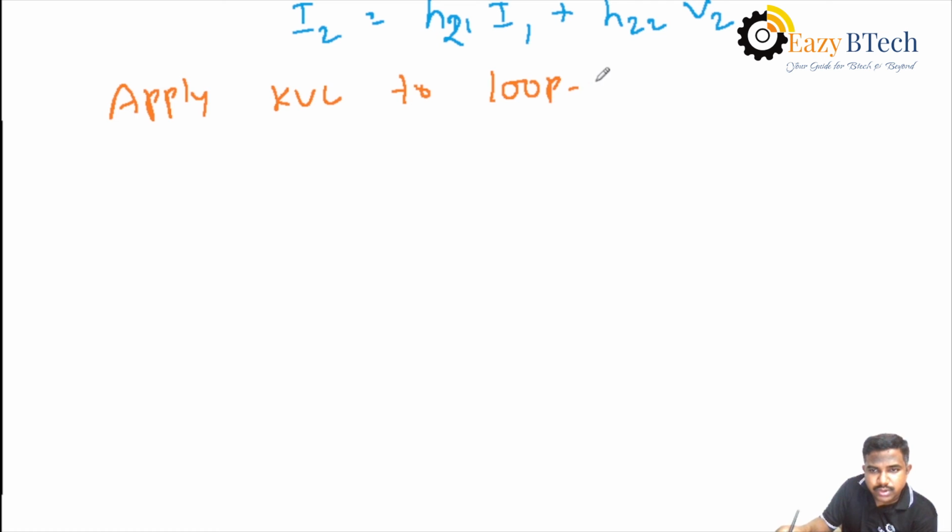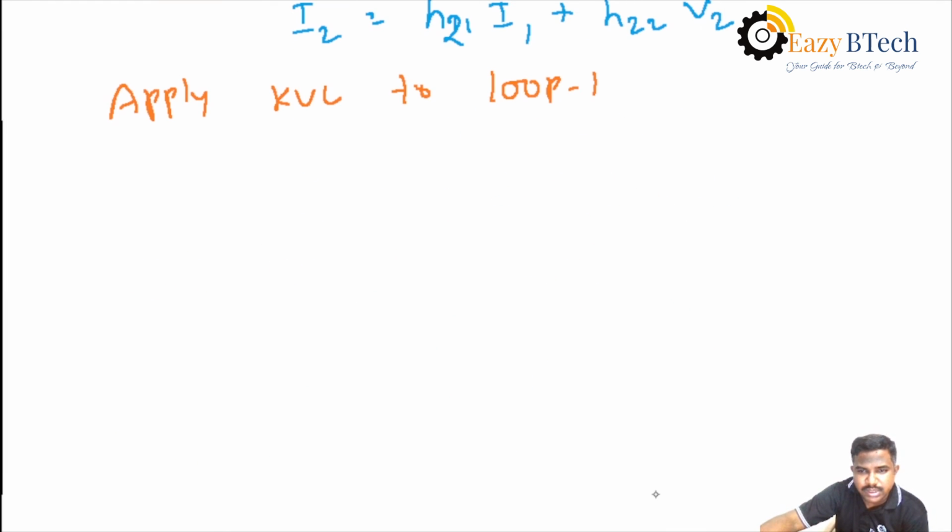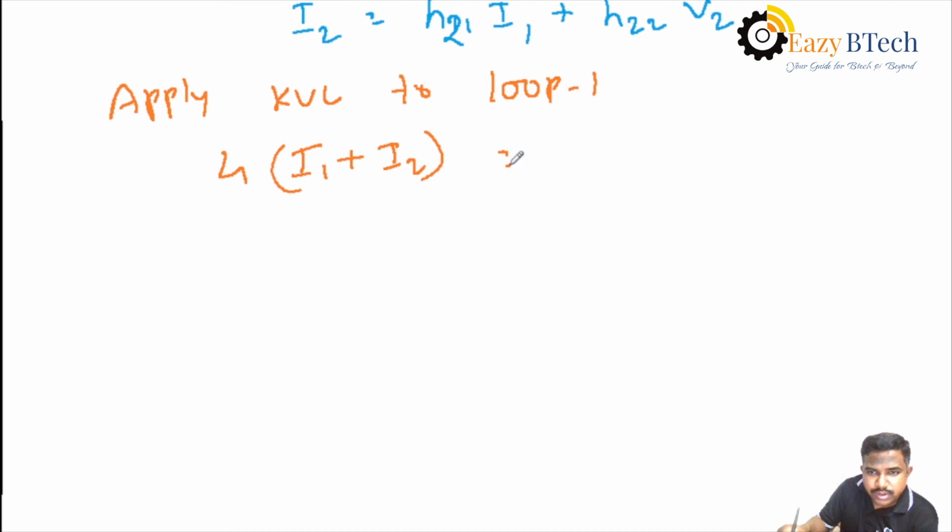Then I1, I2 both are passing through 4 ohms in the same direction. Then what does the equation become here? The drop across 4, nothing but 4 into I1 plus I2 equal to V1. The current is passing through the V1 source from lower potential to the higher potential. That's why the value is positive.